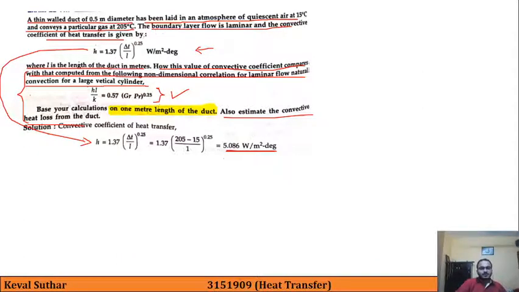here this is the duct. Okay, so we are given the diameter D as 0.5 meter.